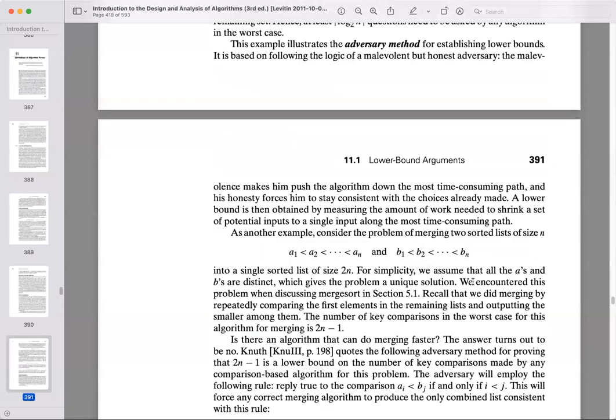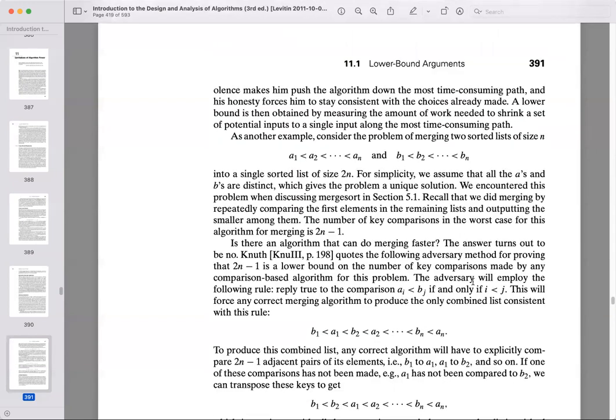Okay, so what's going to happen when you consistently take the worst choice that you can take? Okay, so this goes to an example we talked about when we were doing the merge sort problem. Okay, that you're going to have 2 sorted lists of size n. You're going to merge them into a new sorted list of size 2n. Okay, and we did this by comparing the first elements of each one. Okay, so can we do that any quicker than that? Okay, it turns out that we can't.